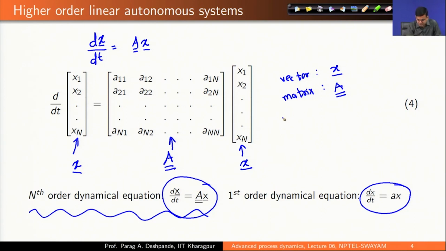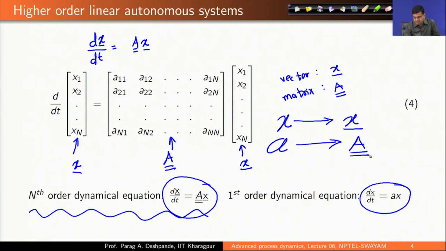All you need to do is, for a first order system, when you have x as the dynamical variable, you need to change it to x underbar to indicate that this is a vector, this is an nth order system, and the variable a which you have in a first order system has to be converted to a matrix A double underbar. And therefore, now you can do an analysis to find similarities between these two systems and also contrast the differences between these two systems.